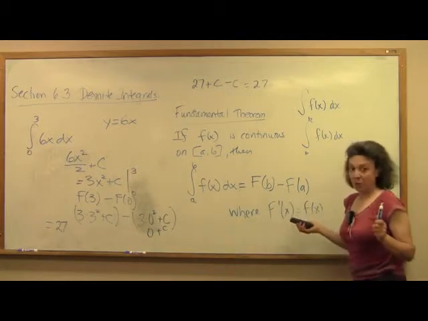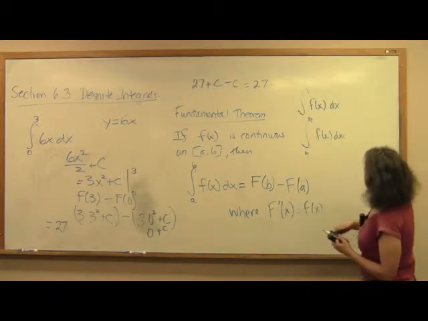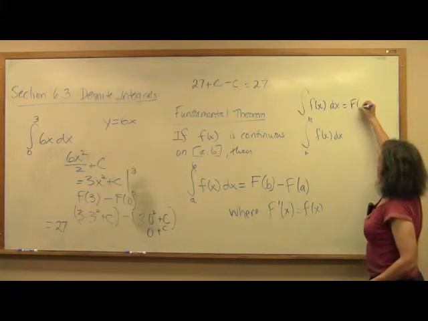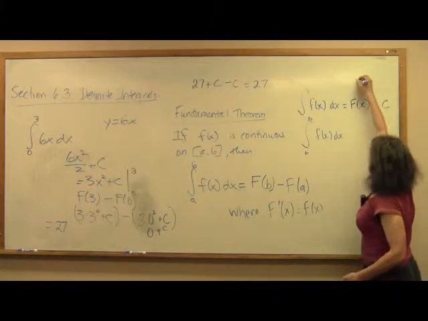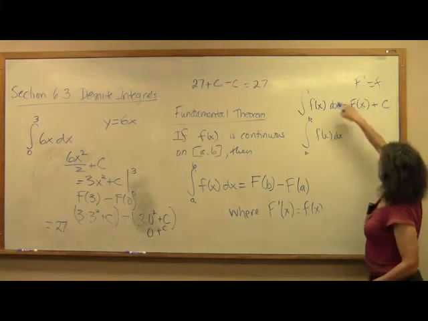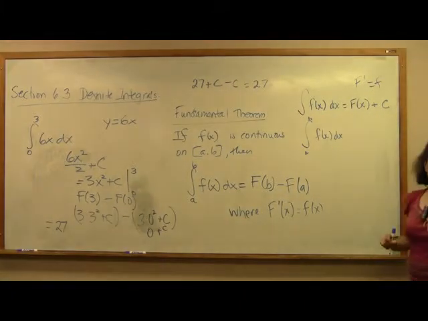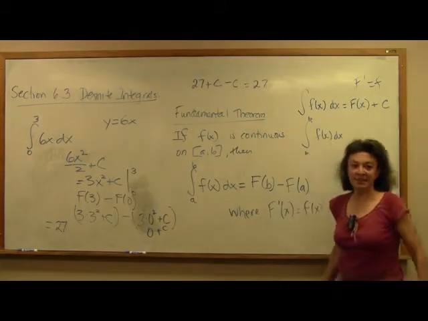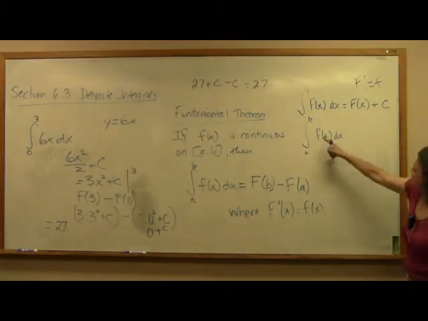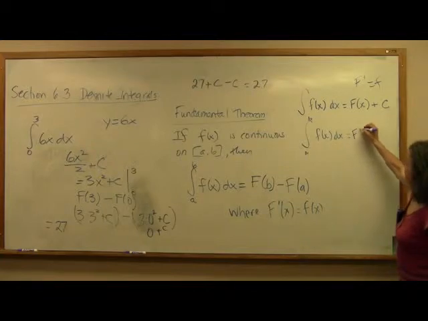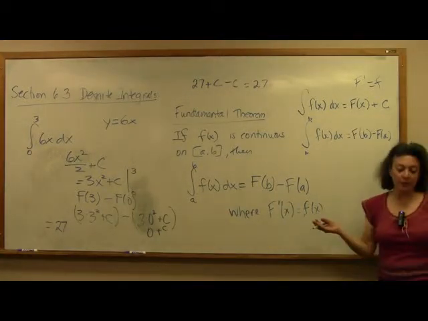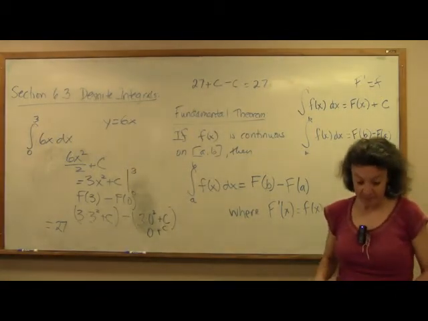The other comment that I want to make is when you compute an indefinite integral, you get some function whose derivative is what's inside, and you put plus a constant. Notice here, my constants cancel each other out. So my point here is all you need to do is compute f of b minus f of a, and you don't need to worry about those constants.